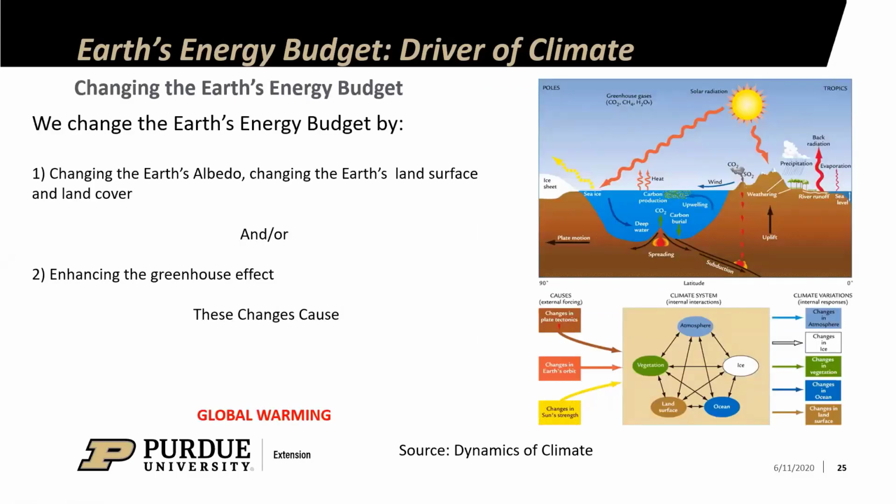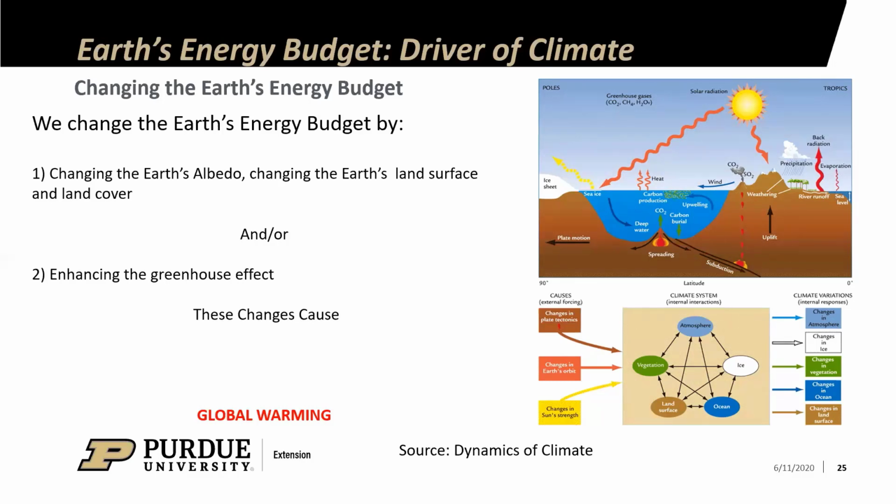So we can change the Earth's energy budget. We can change it by changing the Earth's albedo, taking a native deciduous forest area and turning it into a city. That also changes the Earth's land surface. We can change the land cover by taking a prairie area and planting row crops.